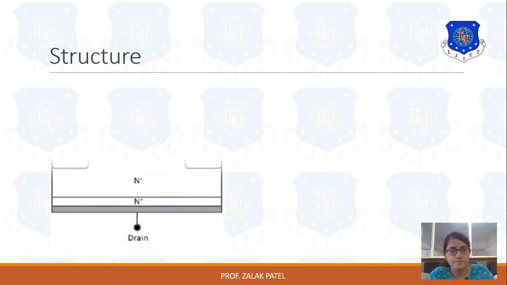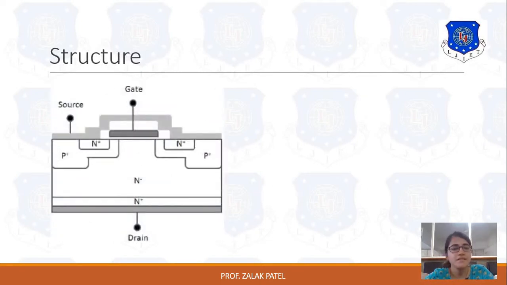Next is the structure of the power MOSFET. Here you can see the layers of N plus, P plus, N minus and N plus. There are three terminals: source, gate and drain. This whole structure is called the body of the power MOSFET.